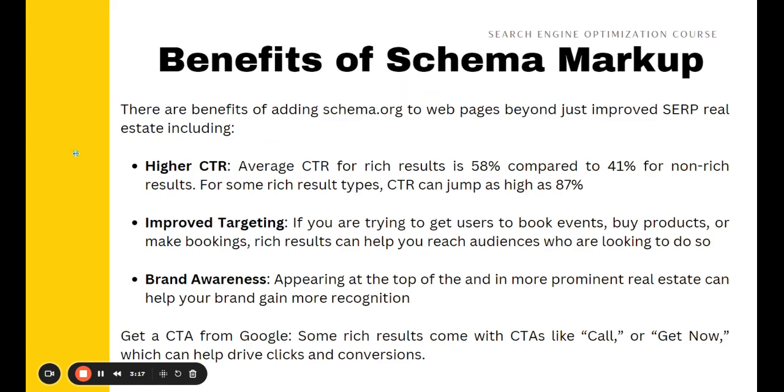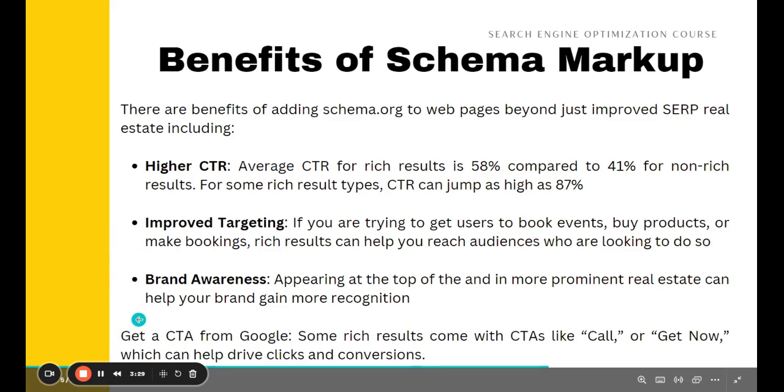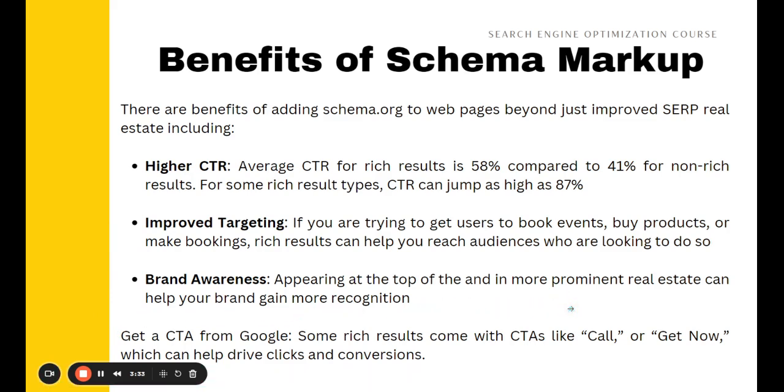So again, the benefits of Schema Markup are higher click-through rates, improved targeting, brand awareness, and you can even add different calls to action in Google with something like call, get now, more things than you can do with just a general search engine listing.